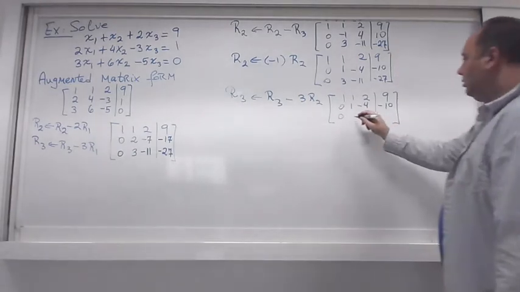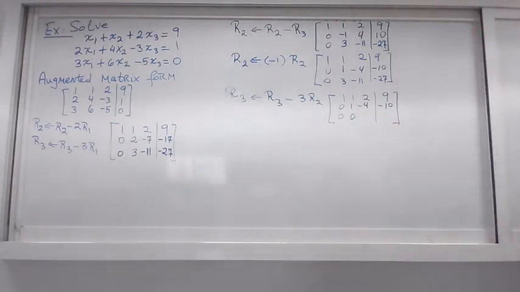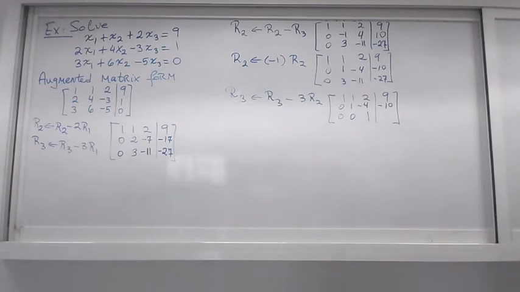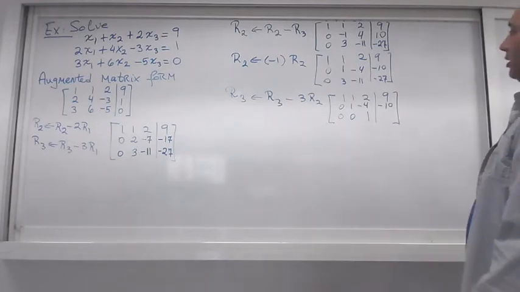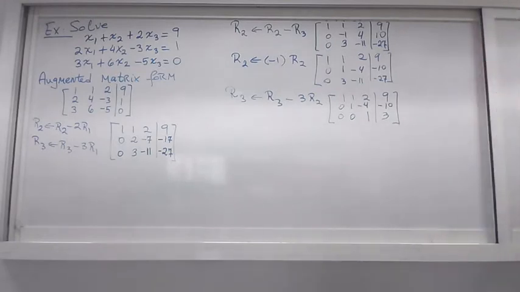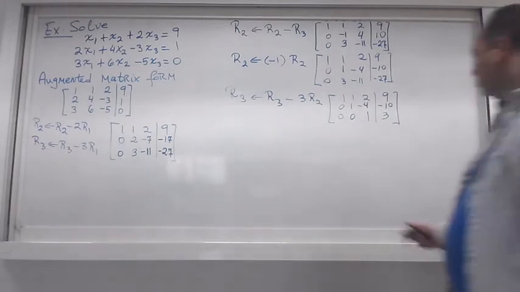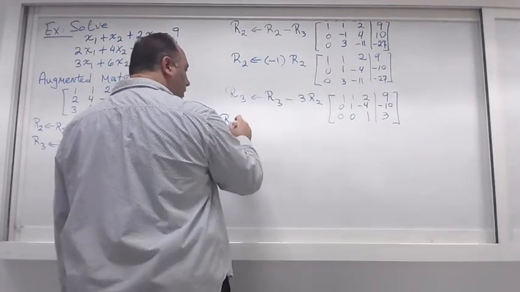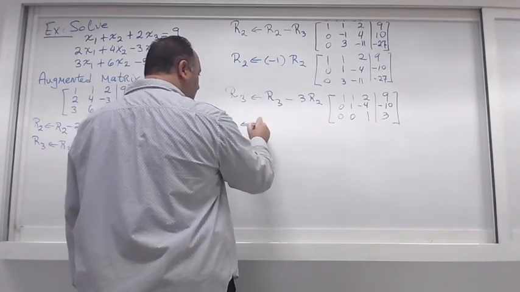So 3 minus 3 is 0, that's what I did. Negative 11 plus 12, so that's 1. And negative 27 plus 30, that's 3. Cute. Now kill these 2, so I avoided fractions altogether. Lucky me.